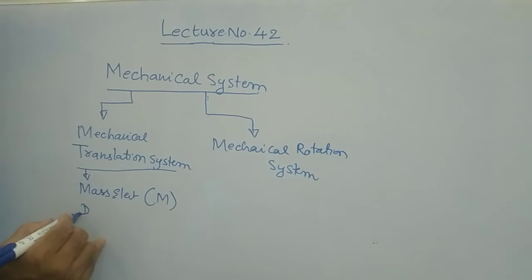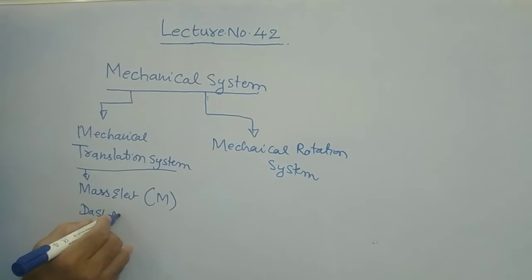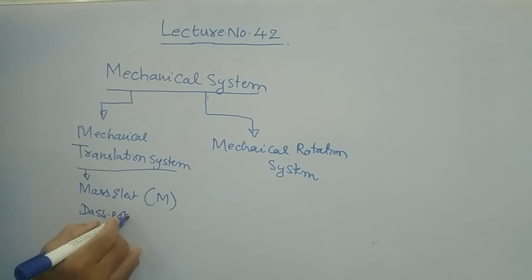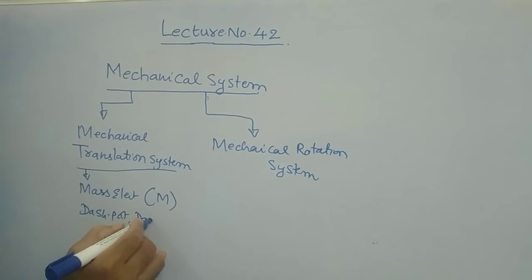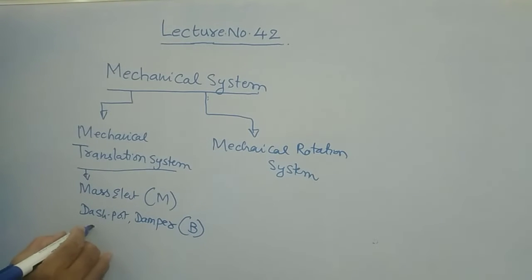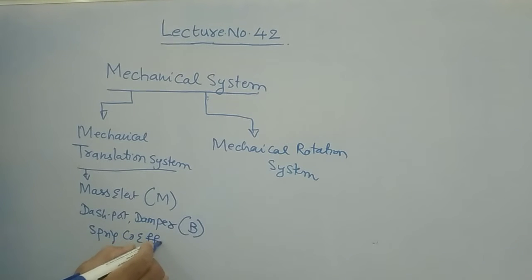Next is the dash pot coefficient, I think you remember, the dash pot, otherwise also called the damper or friction coefficient, represented by the letter B. Then the spring coefficient, denoted by the letter K. And then the applied force, F of t.